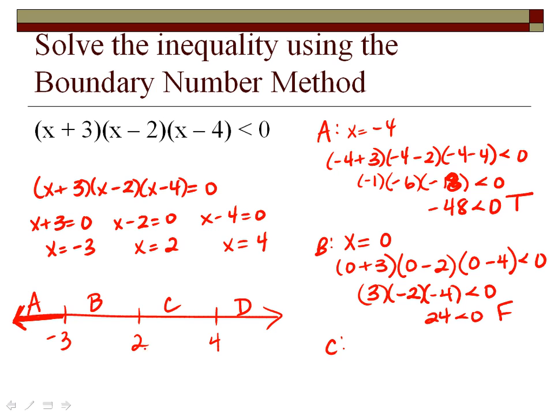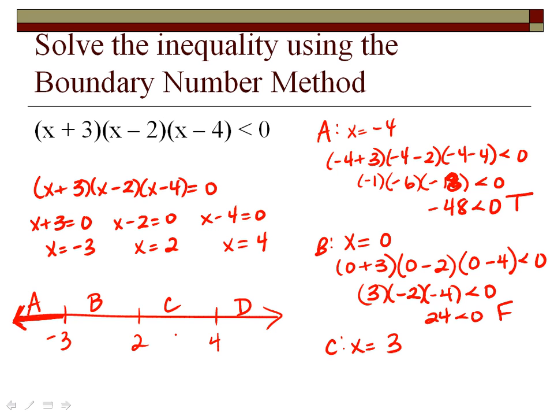In region C, something between 2 and 4 would be 3. Now let me say, if this happened to be 2 and a 3, then I'd have to use like 2.5 or some decimal value between 2 and 3. But since we have an integer between those two, it makes it a little bit nicer to work with.